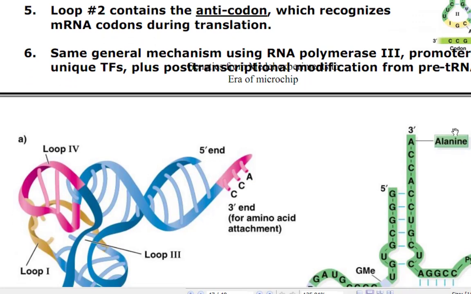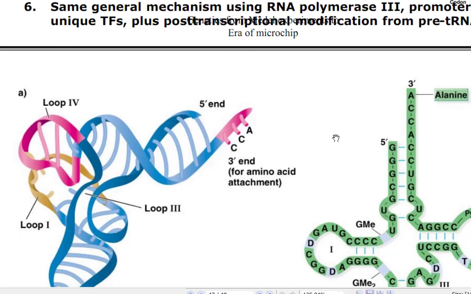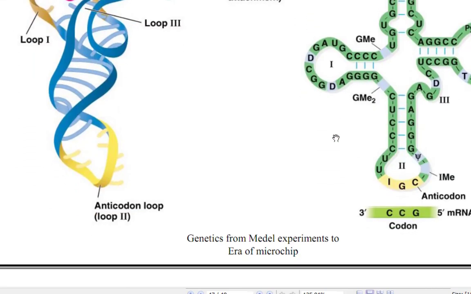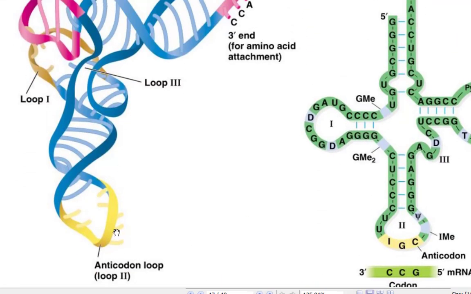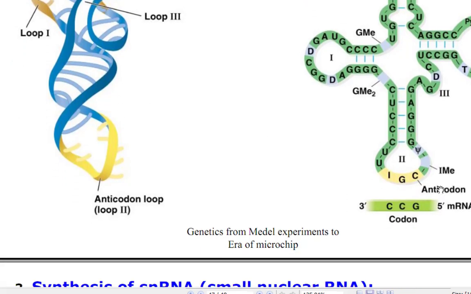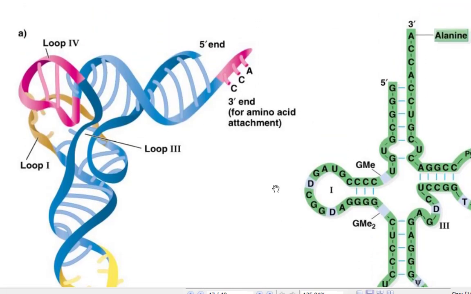Same general mechanism using RNA polymerase III promoter, plus post-transcriptional modification from the pre-transfer RNA. The models, anticodon loop, and the crystallography, and this is the diagram of the structure of the transfer RNA.